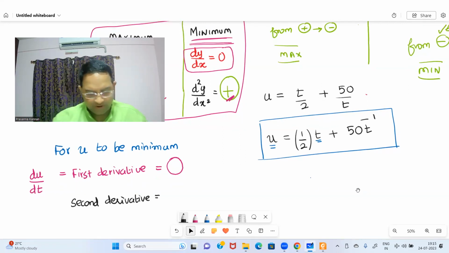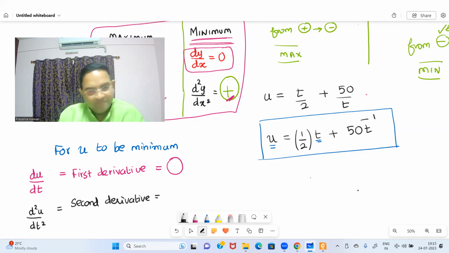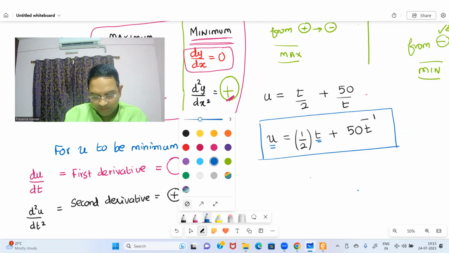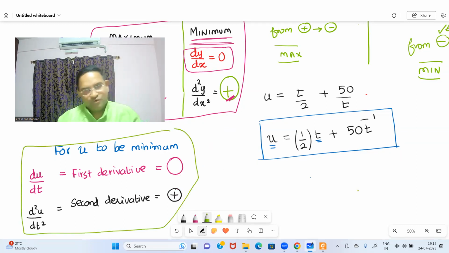In this case, how do I write it? d square u by dt square. Awesome, Roshni. And what should it be? Positive, sir. Yes, I just need to verify if it is positive. That's it. So once I do these two things, I'll be getting my u shortly.